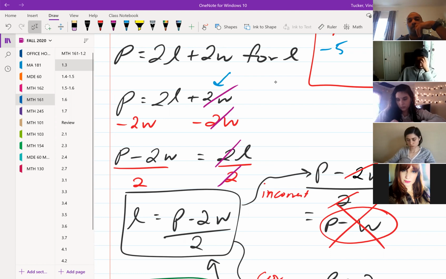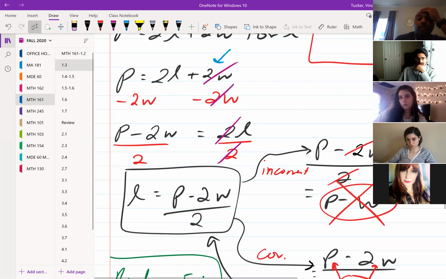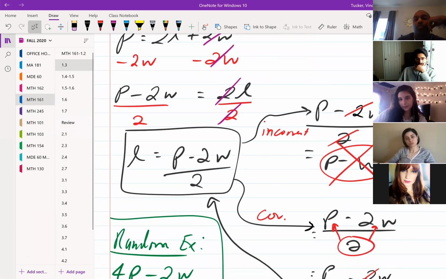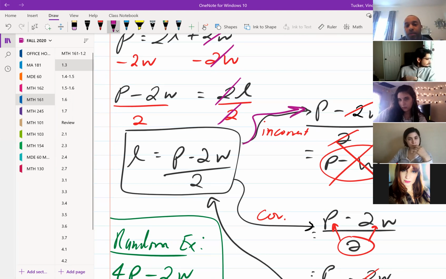All right. So what a lot of people would like to do here is to reduce because they see a 2 in the numerator and a 2 in the denominator. Now, there's nothing wrong with trying to do so, but we have to make sure we do it correctly. Notice my arrow up here on that top expression.